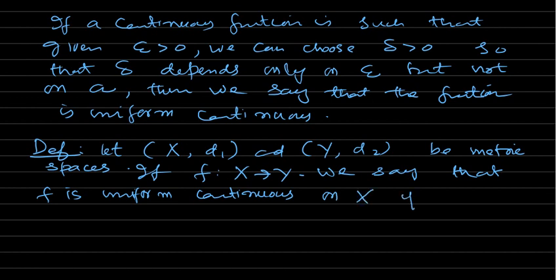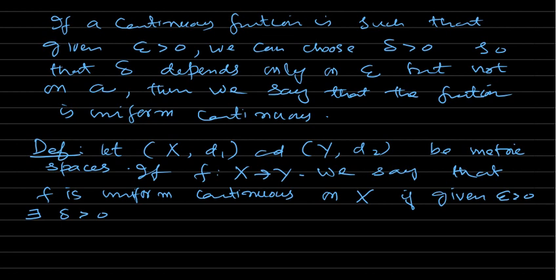Now we will not talk about points at all. If given epsilon positive, there exists delta positive. So that's a formal definition of uniform continuity.